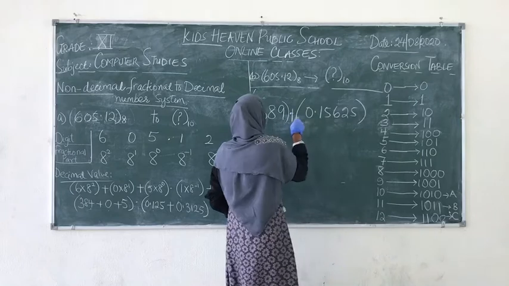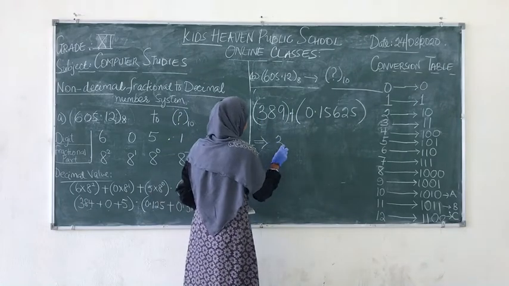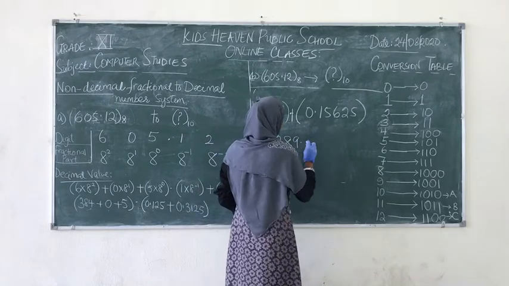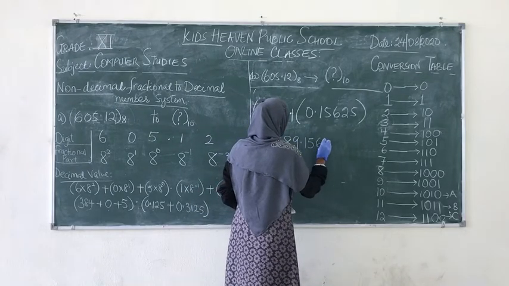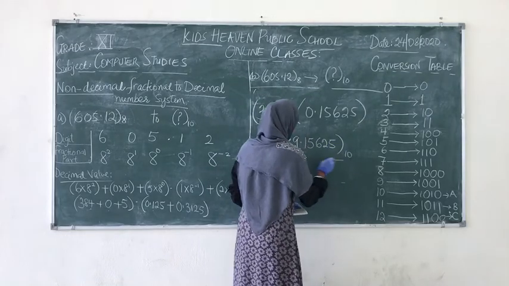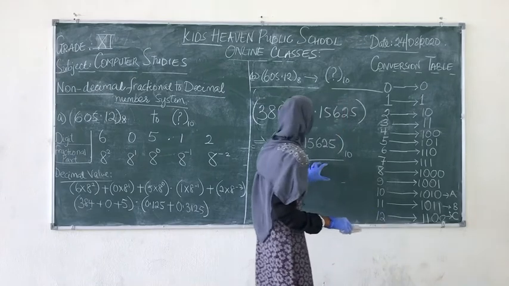And we are to add this. So adding this, we have 389 dot, we have this 15625, the base of 10. Now this is the new number that we have deduced.